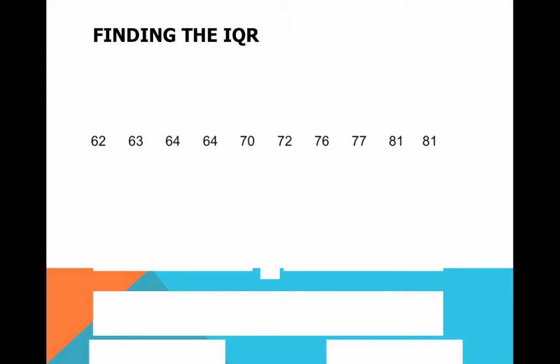The first step of finding the interquartile range is finding the median. So how do we find the median? We first need to find the midpoint. We have 1, 2, 3, 4, 5, 6, 7, 8, 9, 10. Midpoint formula: 10 plus 1, 11, divided by 2 is 5.5.